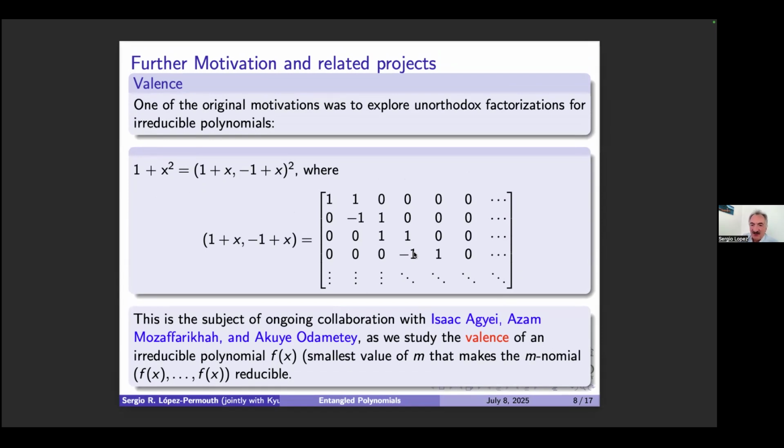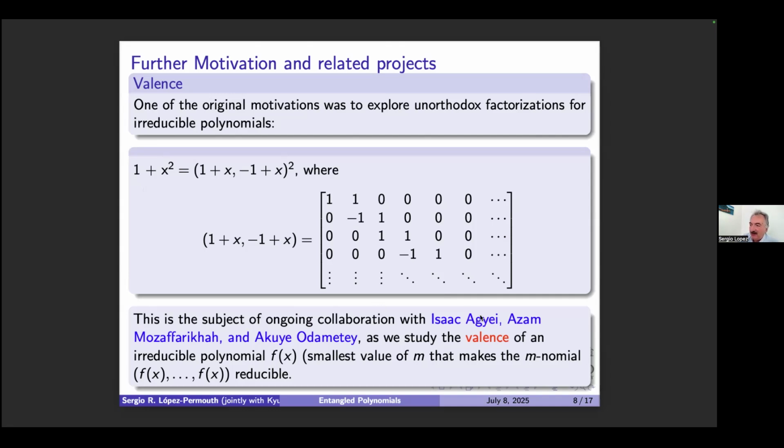And this matrix looks a lot like a polynomial, but there are changes between the odd rows and the even rows. That's really the first example where we thought, this is really neat. You have an irreducible polynomial, say, over the rationals, but in this slightly larger universe, it can be factored. And so that was one of the original motivations, that this could be an interesting toy.